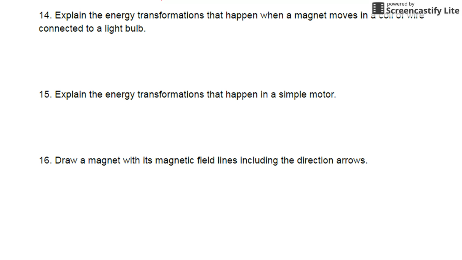All right, explain the energy transformations that happen when a magnet moves in a coil. A magnet is moving. Moving is kinetic energy. We also call it mechanical energy because you're actually using it to do some work. And it's going to move in a coil of wire. If you recall that simulation we did, or think about that hand crank generator, this mechanical movement of a magnet will create an electrical current.